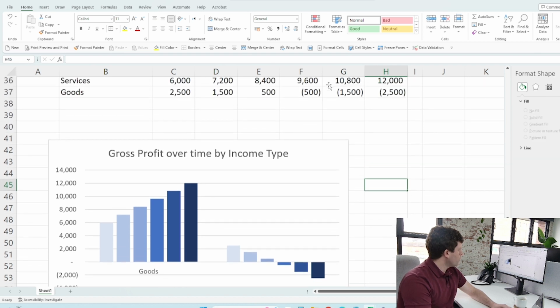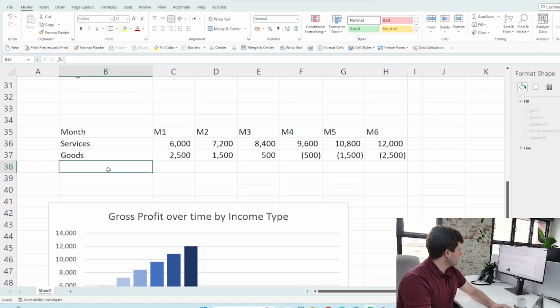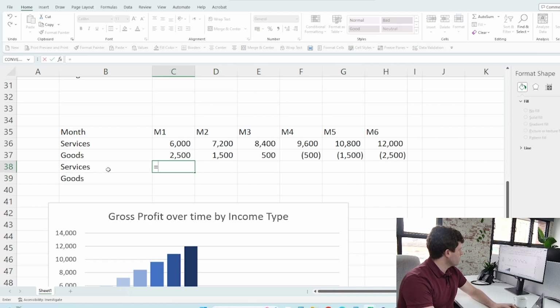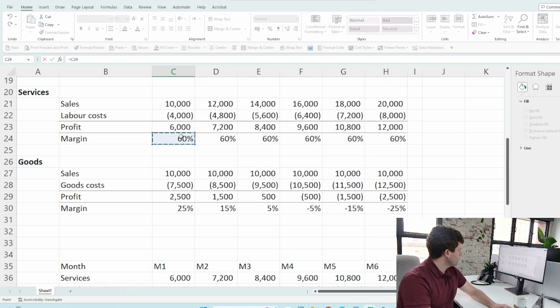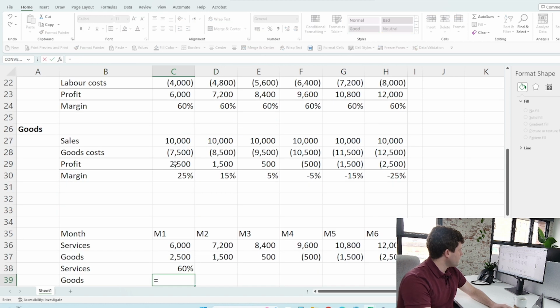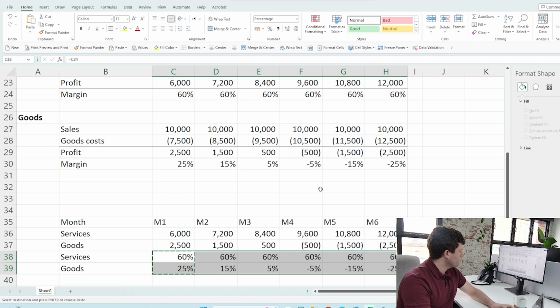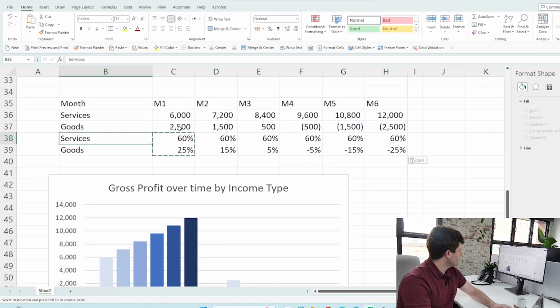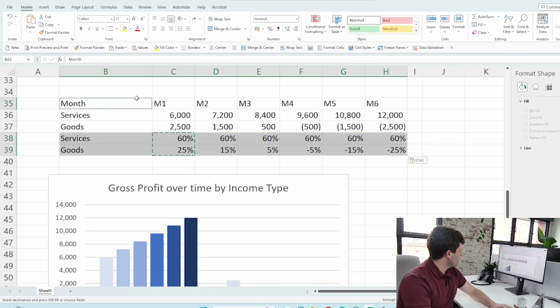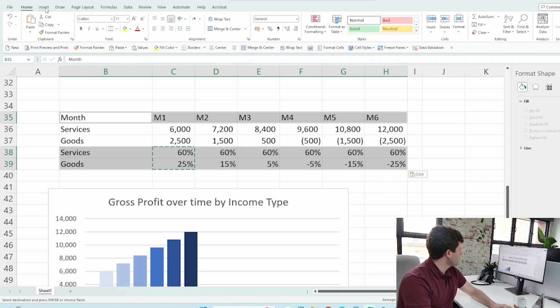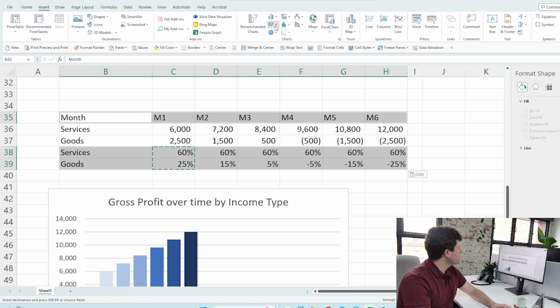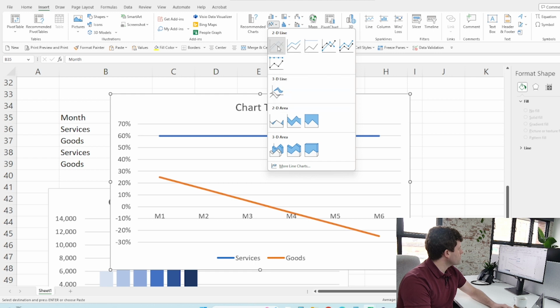I want to show you one more graph as well. Let's graph the gross margin. I think pictures are a fantastic way to understand numbers, so whenever I can, I will include them. Often they can just make a point much more clearly and much more quickly to the person you're trying to get the message across to.